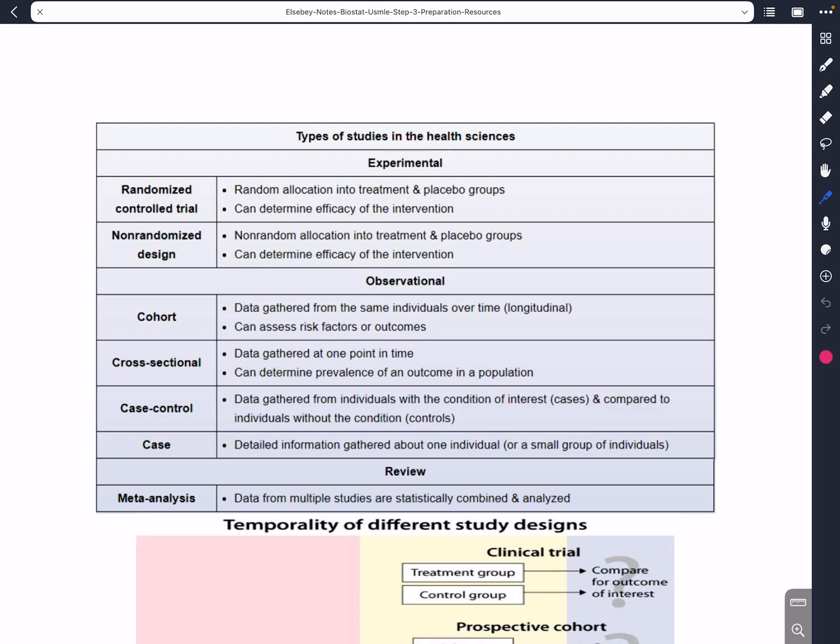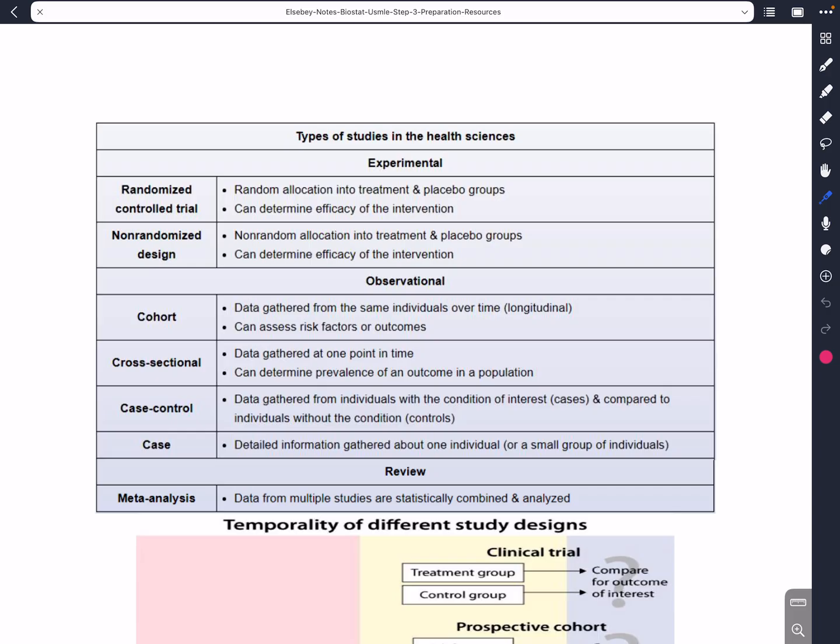So if the question in the vignette says you want to find out risk factors, they are probably hinting that it is a cohort study. So remember, there is one individual and you are observing him at 1 year time, then 2 year time, and then 3 year time.